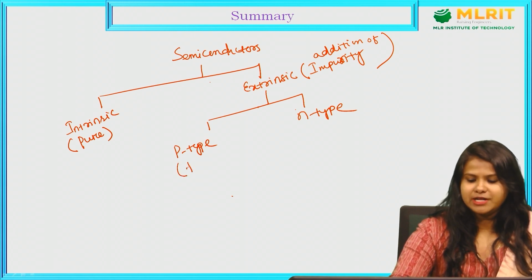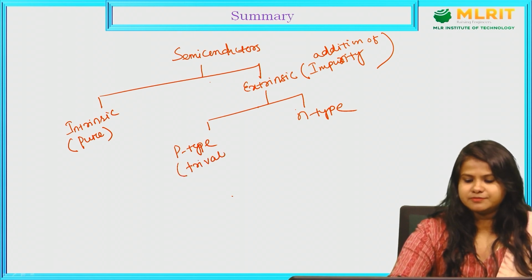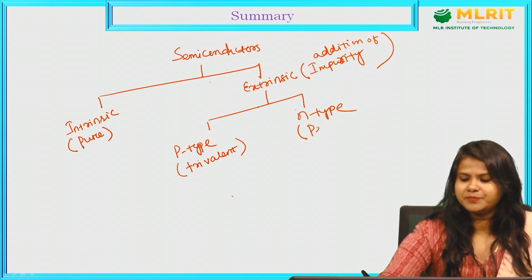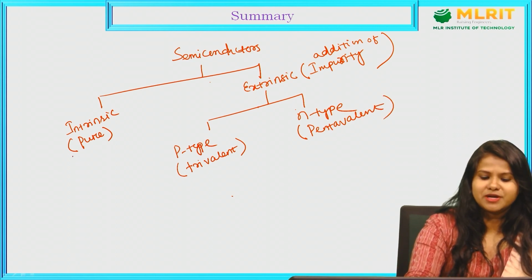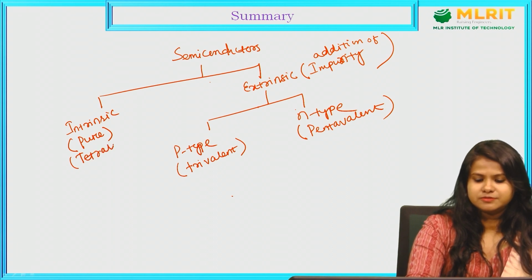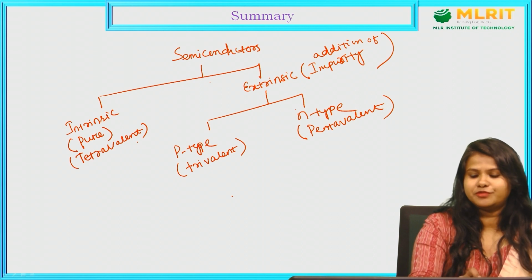We are adding trivalent impurity. And in n-type, we are adding pentavalent impurity. And what is intrinsic semiconductor? These are mostly tetravalent elements, like its valency will be 4.